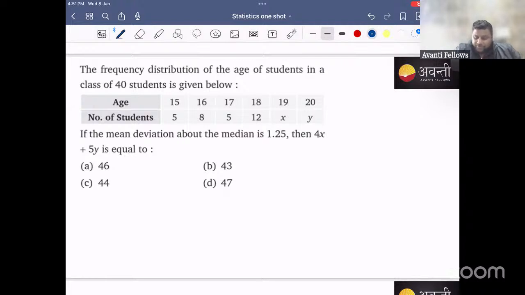If the mean deviation about the median is 1.25, then 4x plus 5y is equal to what? Give it a try quickly.